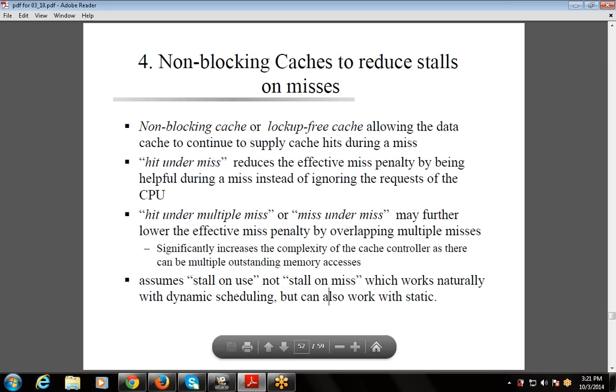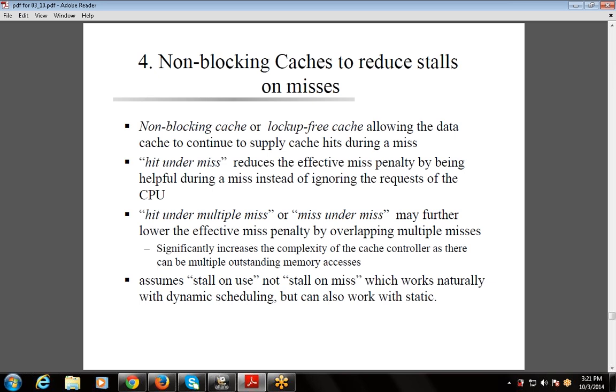Next are non-blocking caches to reduce stalls. A non-blocking cache, or lockup-free cache, allows the data cache to continue to supply hits during a miss. Hit under miss reduces the effective miss penalty.